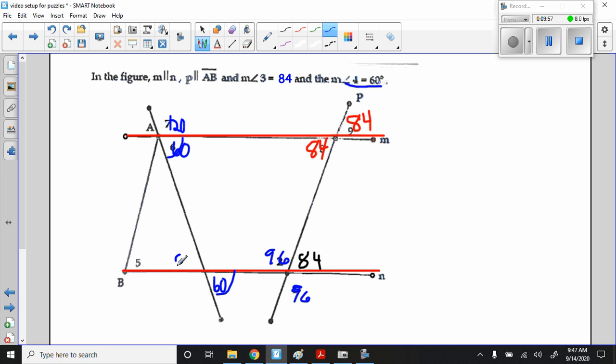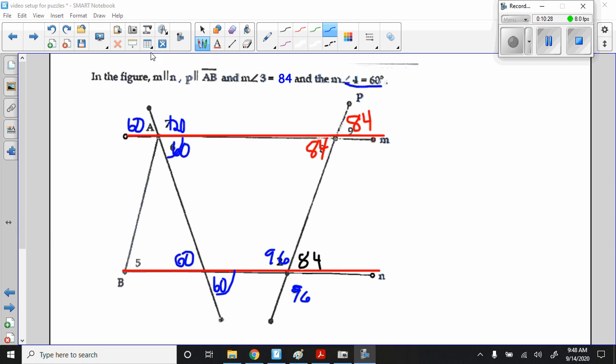So this is 60. So this will be vertical 60. This is all going to be 120, but I'm going to have to figure out what each of them are.